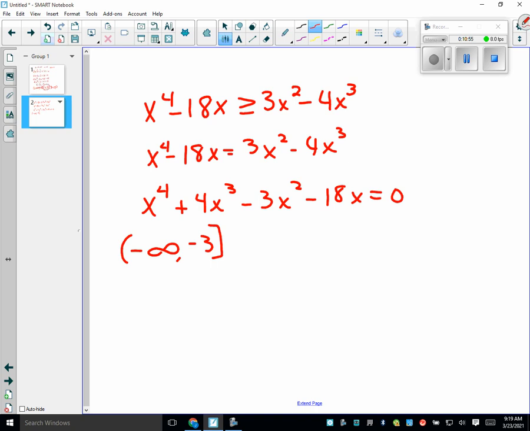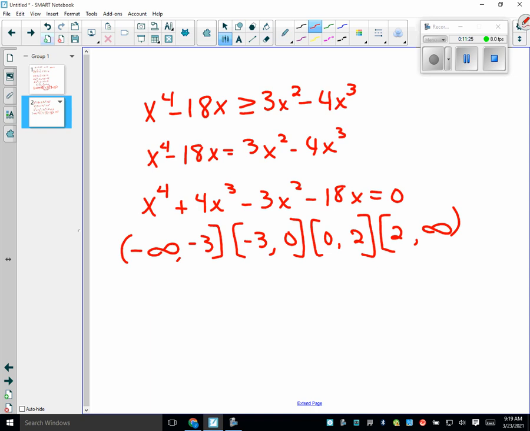Now what? Negative 3 to what? Negative 3 again? No, I have it one time. There's no space between negative 3 and negative 3, so I don't have to do an interval there. Okay? Then negative 3 to 0, 0 to 2, and 2 to infinity.